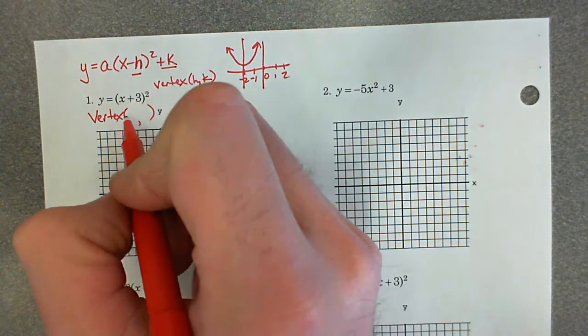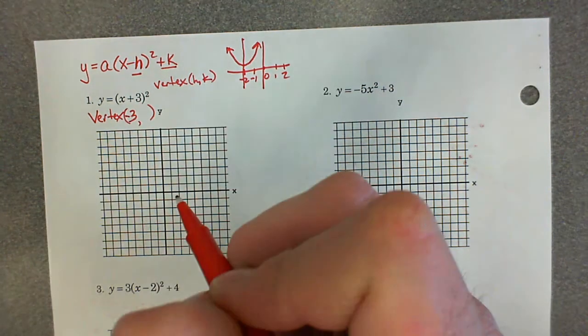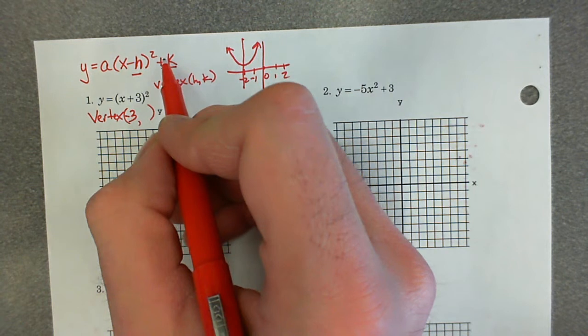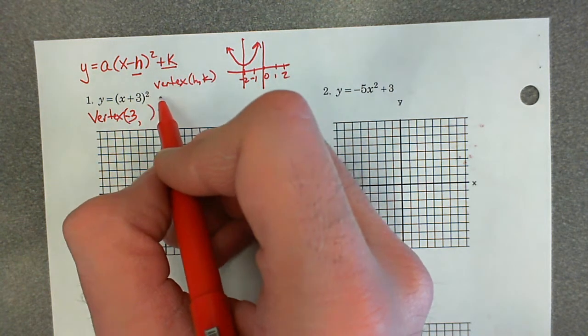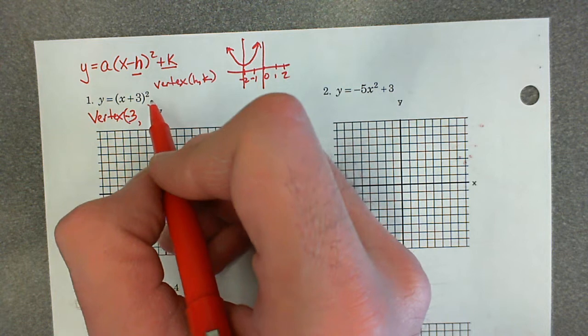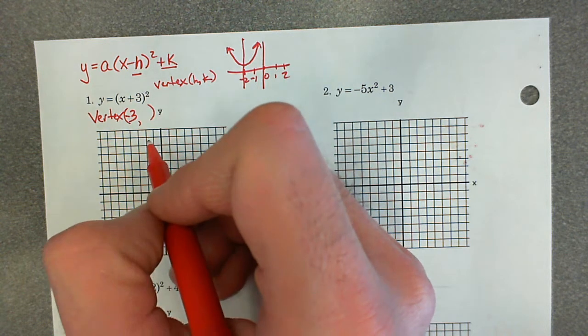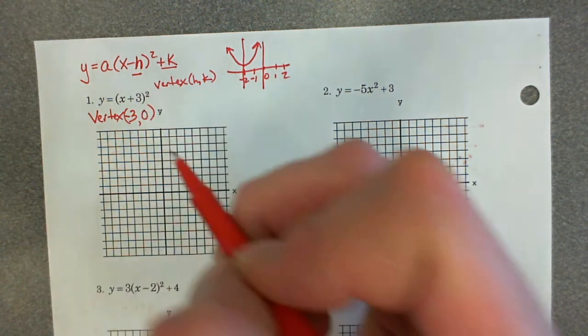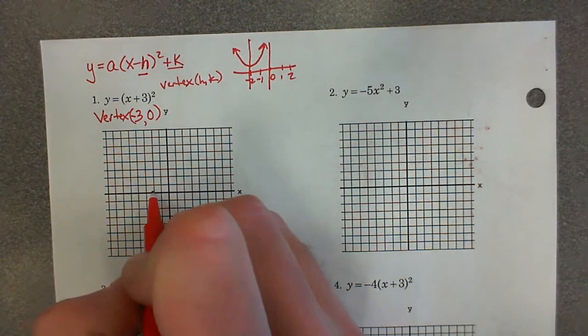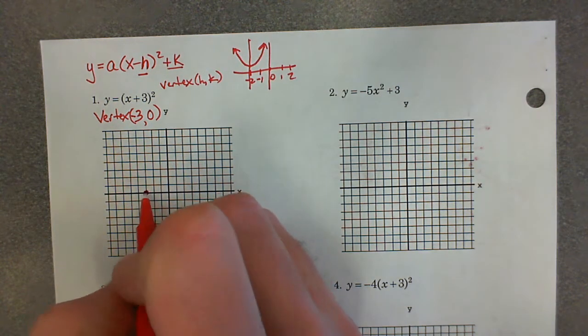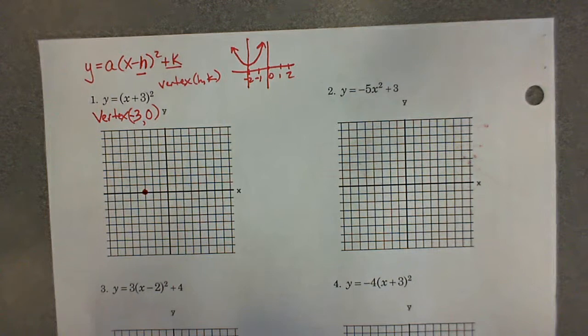So since this is +3, this is -3. And then the k is what's added on, which in this case is nothing. So nothing would be 0, so your vertex is at (-3, 0). So if we go 1, 2, 3, 0, this point here is your vertex.